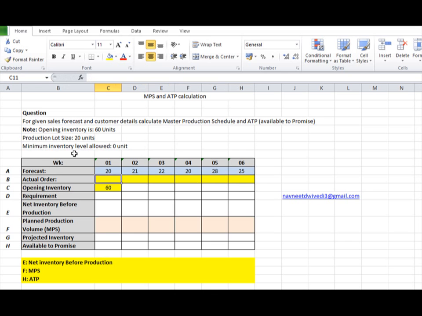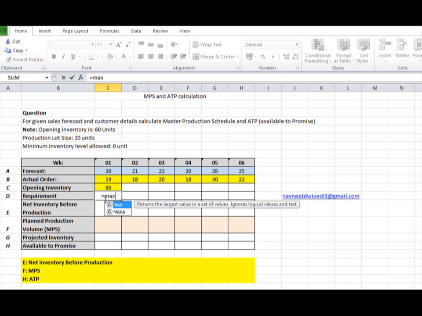These are some hypothetical figures I'm just taking so as to make you understand the significance of negative ATP. Okay, 19, 18, 20, 18, 22. Okay, the requirement, just kick it out now.